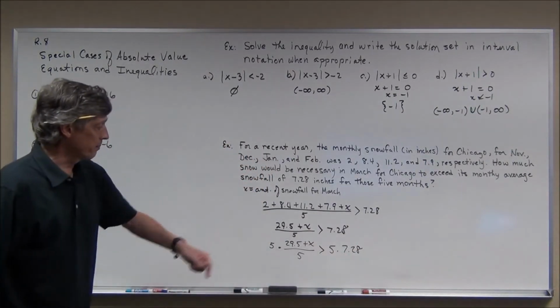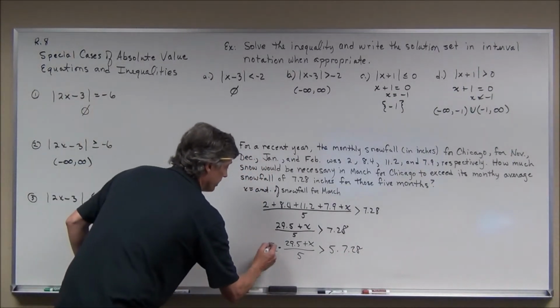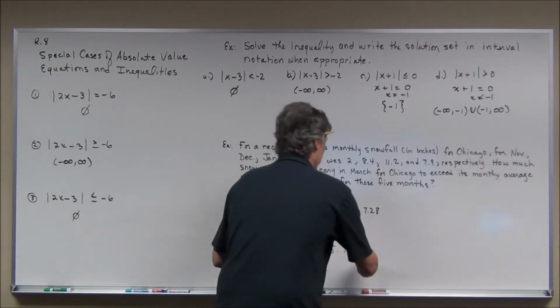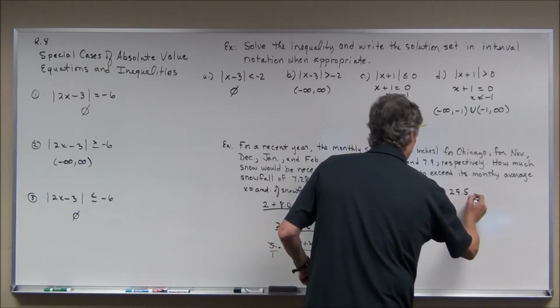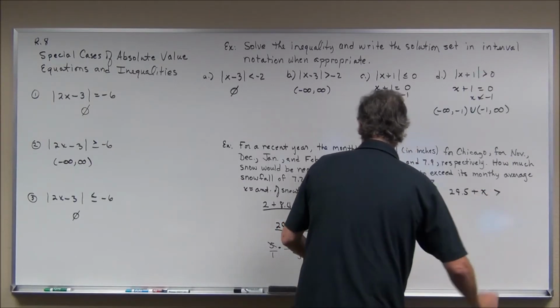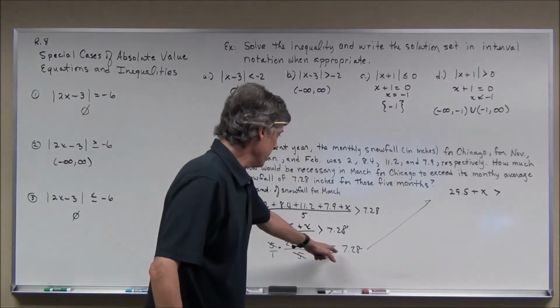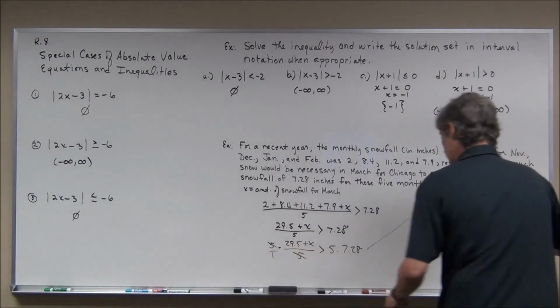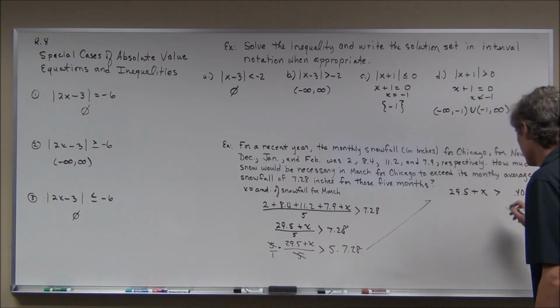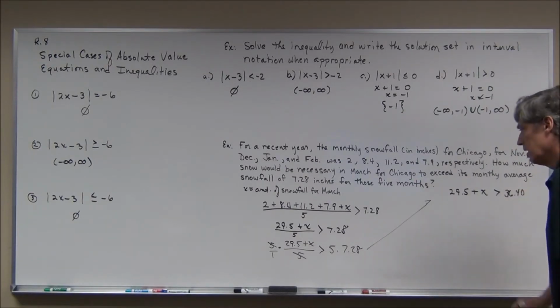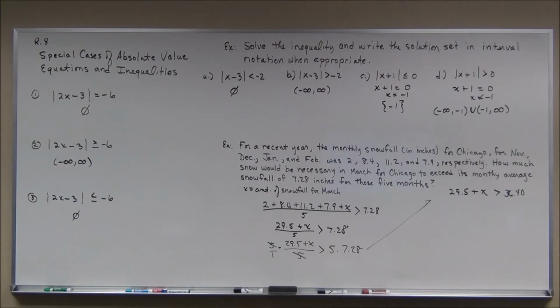Now because I'm multiplying by a positive number, I do not need to reverse the order, and I'm going to bring it over here. So I have 29.5 plus x is greater than, now this, I have to multiply this out. This is going to be 0 carry 4, 4 carry 1, looks like 36.40 if I didn't mess up too badly.